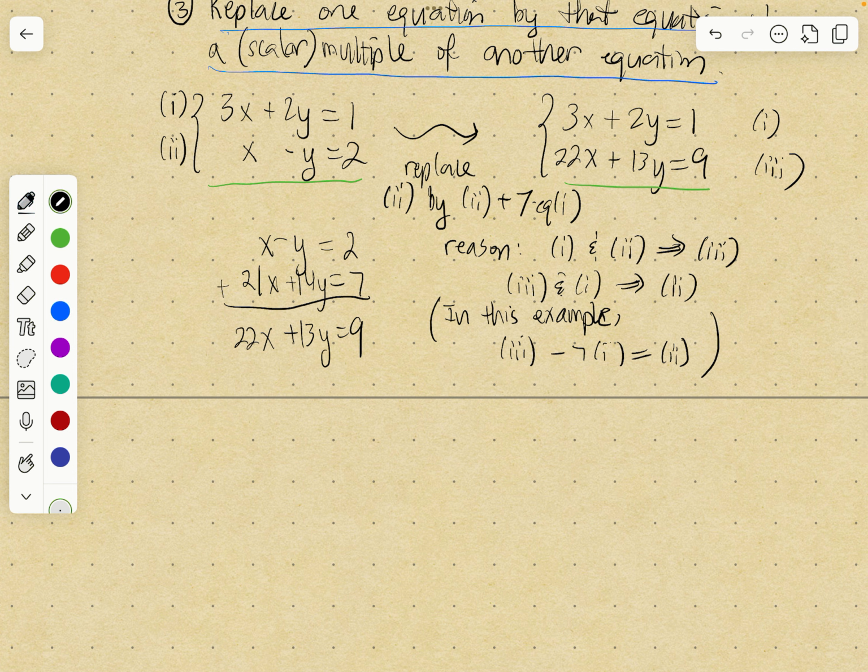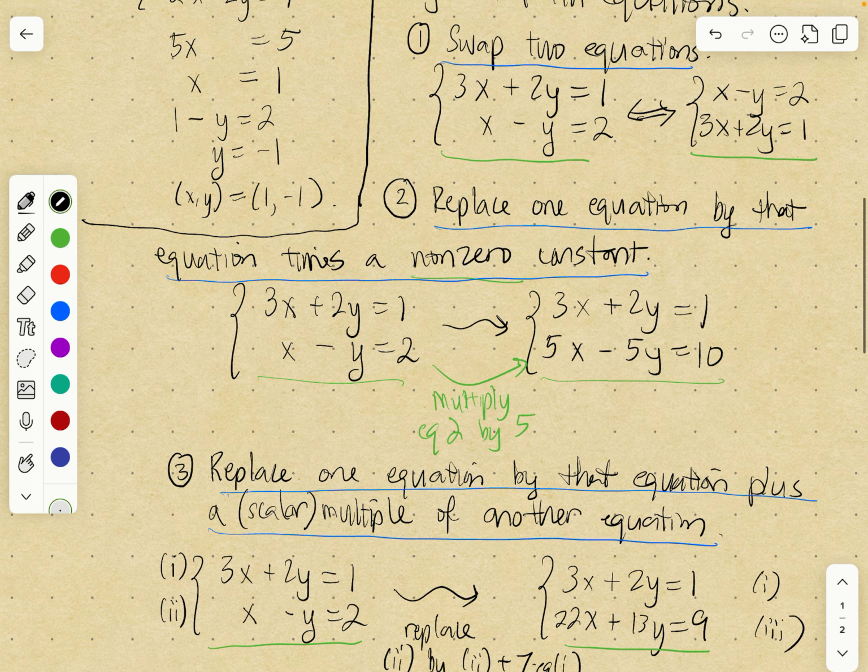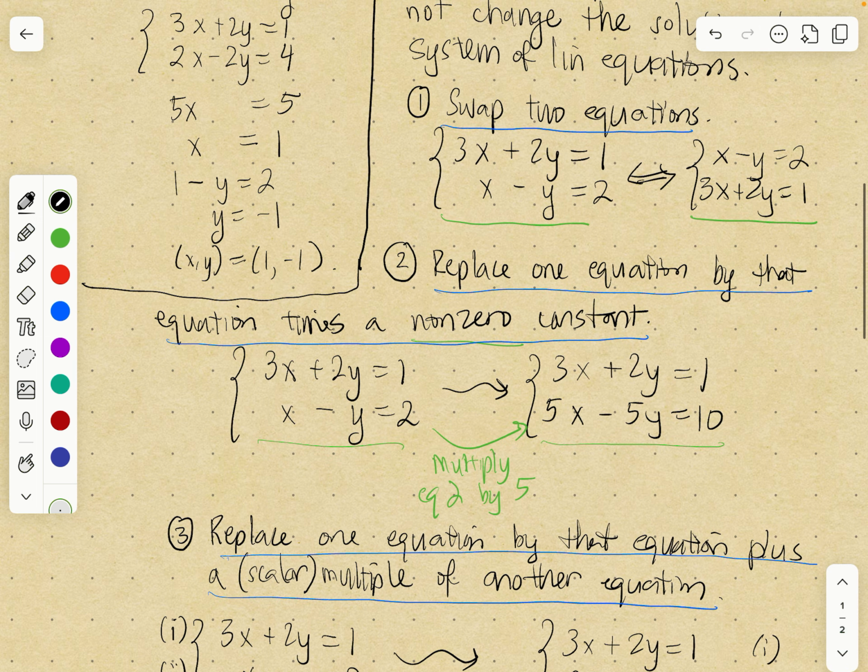And it turns out that just this fact that these three operations don't change the system of equations will allow us to come up with a systematic approach to solve any system of equations. We'll be able to take any system of equations and simplify that system enough to get a system that we can solve easily, just by doing these three operations.